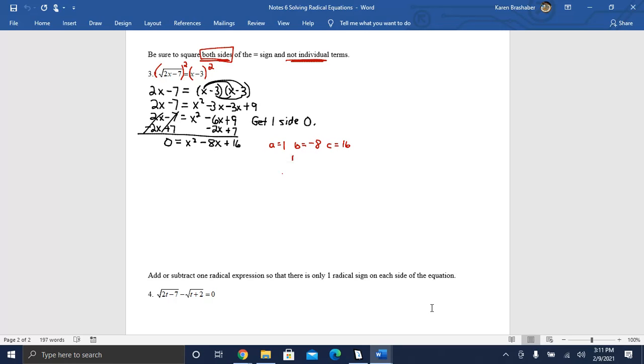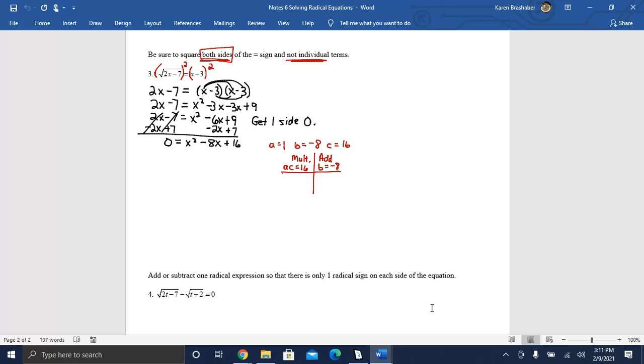So I'm going to make my chart. I need something that will multiply to AC, which is 16, and at the same time add to my B value, which is -8.